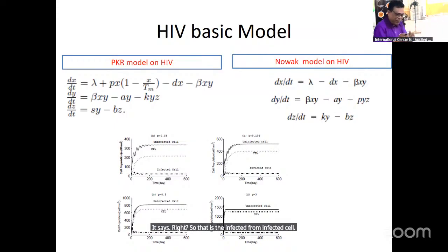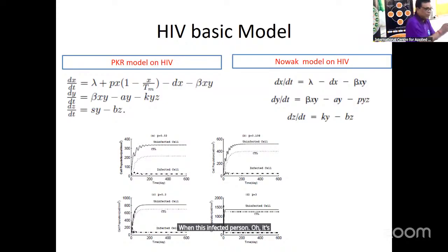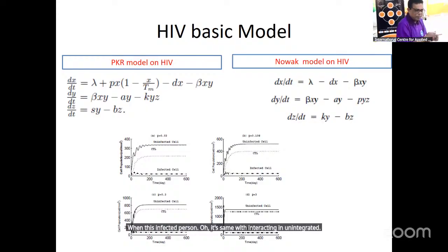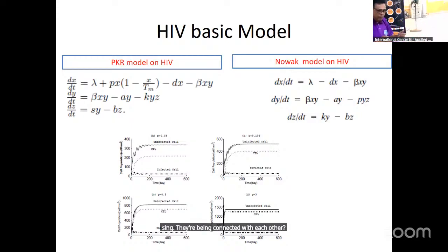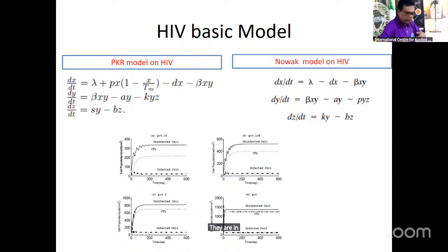When this infected cell interacts with an uninfected cell, because in your body the infected cell is always attached to the uninfected cell, all cells are flowing through your immune system.